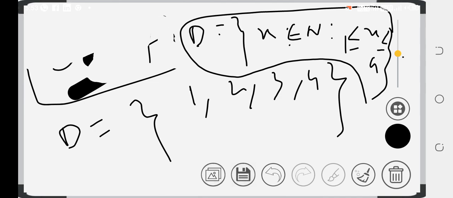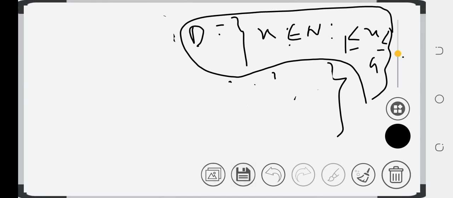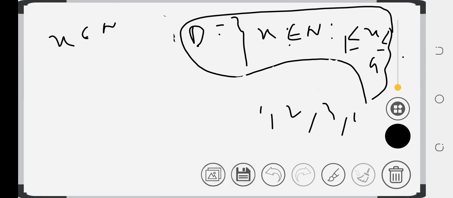See, this is how we write it. Let me explain why. x belongs to N means all those natural numbers, that is 1, 2, 3 and 4, with this condition.